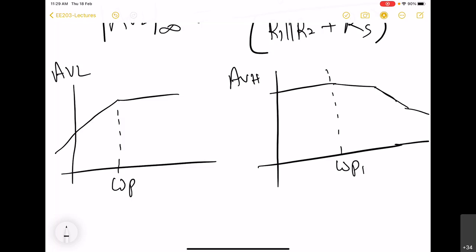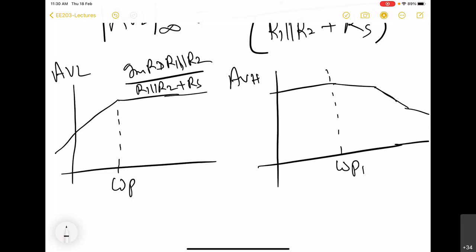So our objective is now to combine them and try to see if we can have a single plot giving the complete response. And here the value that we got was GMRD R1 parallel R2 divided by R1 parallel R2 plus RS.